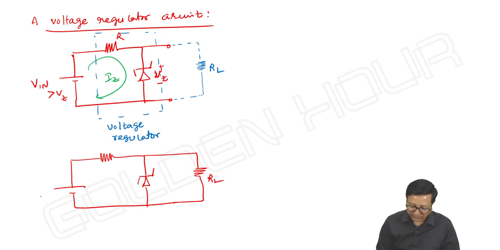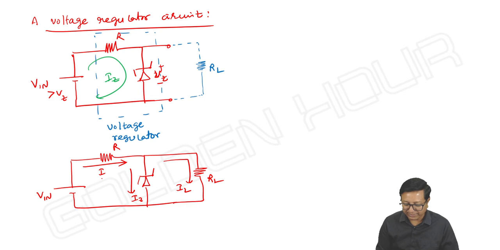Some load resistor is connected, V input, R. Then when you are connecting a load resistor, there is a current IL through it, and the current through the Zener diode is IZ. The current flowing from the input, I cannot call IZ, I can call it I. I is equal to IZ plus IL. And the voltage across RL is VZ.